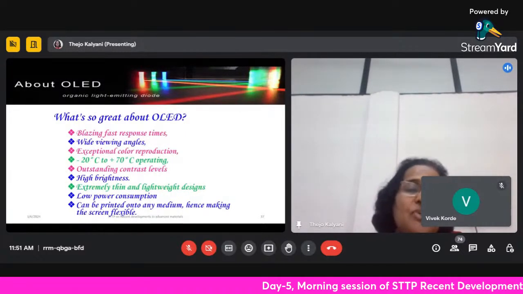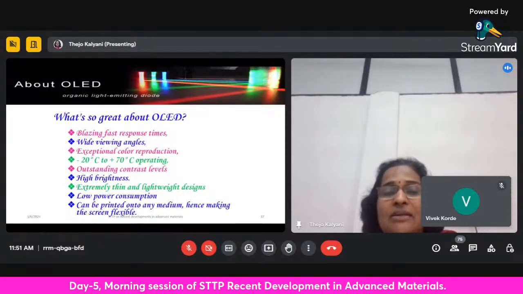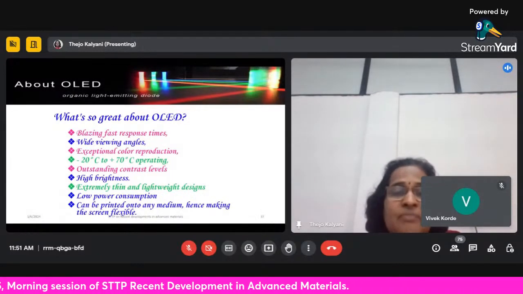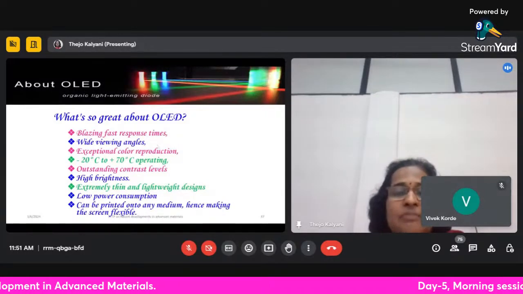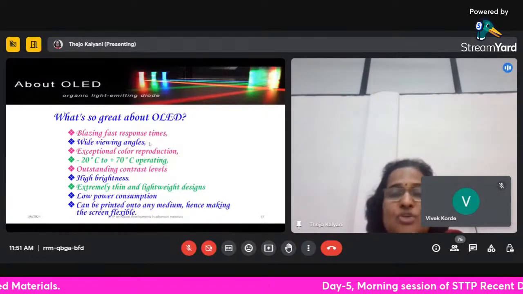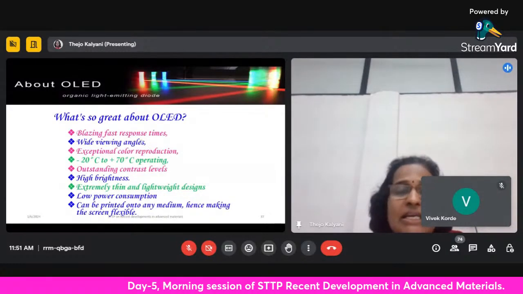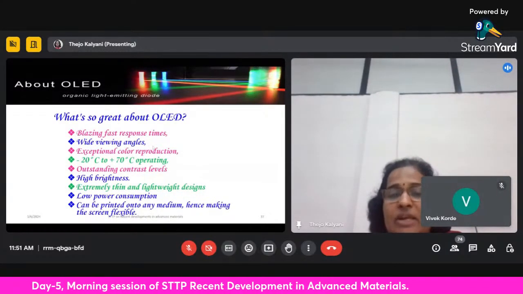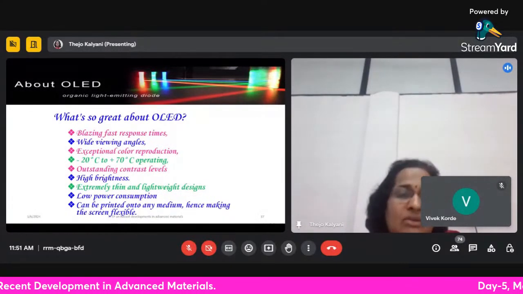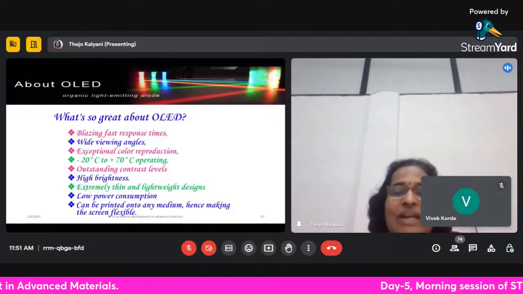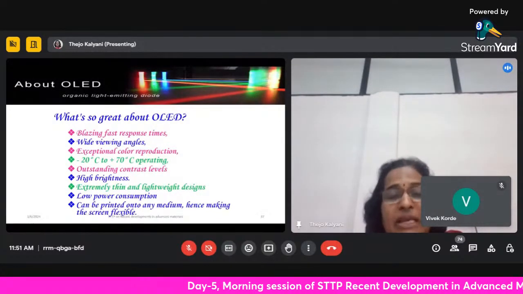But if the viewing angle is changed, if you are seeing that object from a different angle instead of looking at it straight, a blurred image can be seen, and that is the viewing angle issue. That is the case with LCD. But with OLED TVs, or even LED TVs, a wide viewing angle is given. So even if you see from a different angle, up to 180 degrees, the image remains the same, with better clarity from any angle.